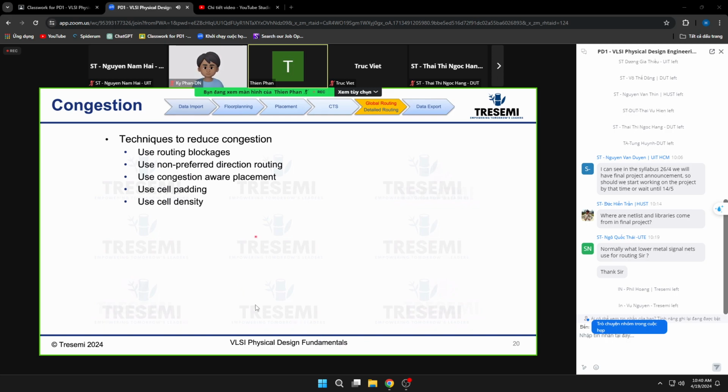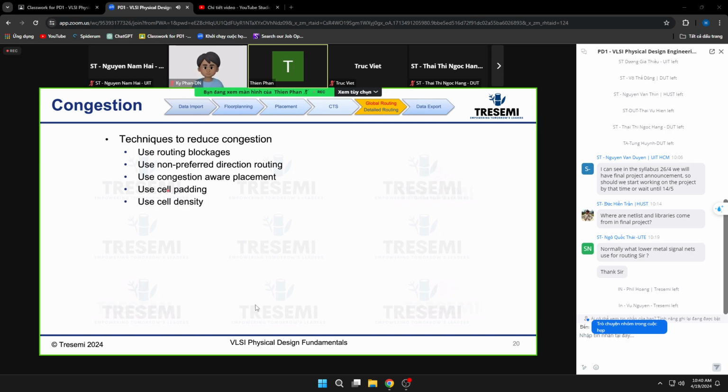And the other one, I think Bart already went through. If cells lump together, we can do cell padding, or add cell density control. There are two ways you can control it, right? You can add it globally, say give the whole area a certain percentage, not to go over a certain percentage, like 50%.